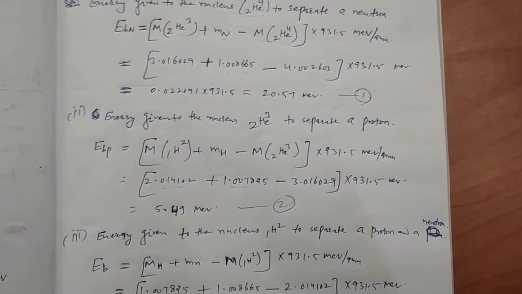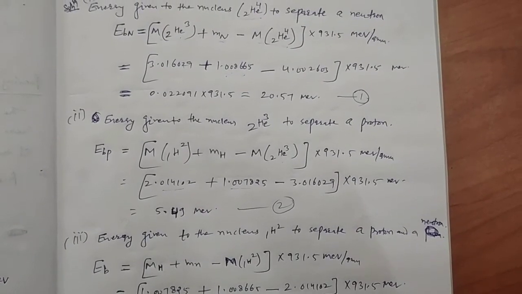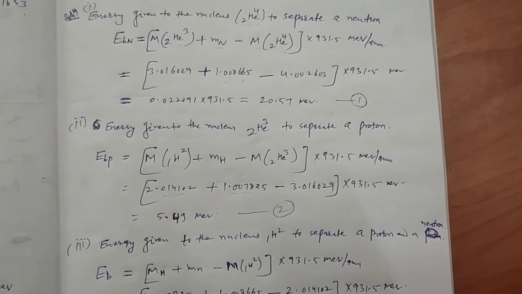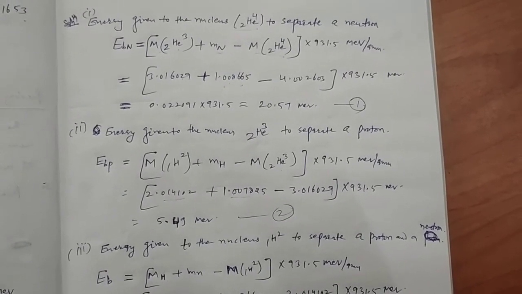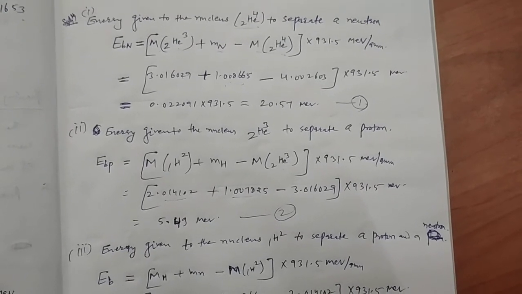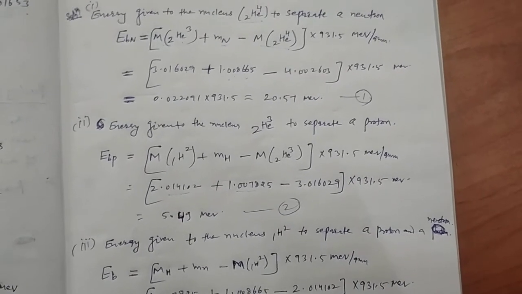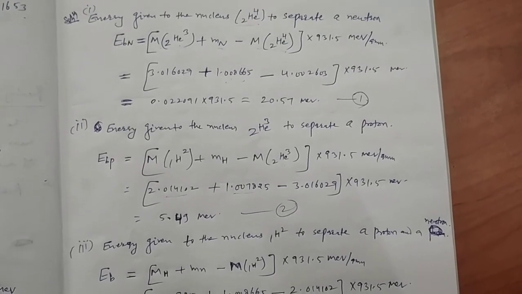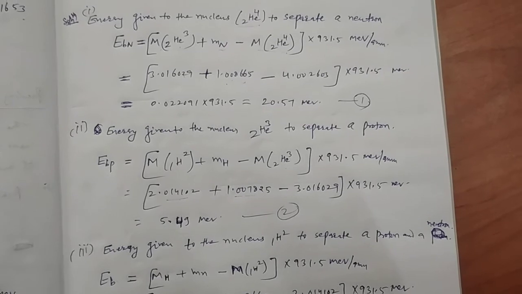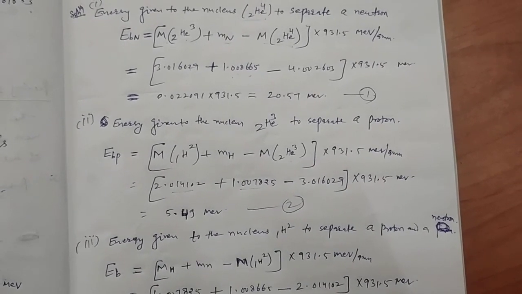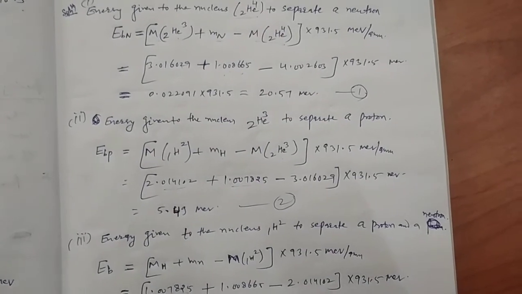And if we remove the neutron from the alpha particle nucleus, then remove a proton, and finally remove one proton and one neutron, and add the binding energy required in each process, then the sum also gives the binding energy of the alpha particle nucleus. Thank you.